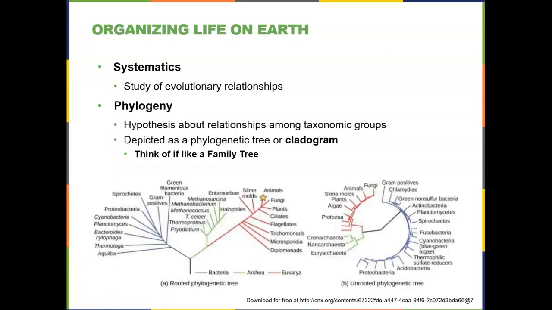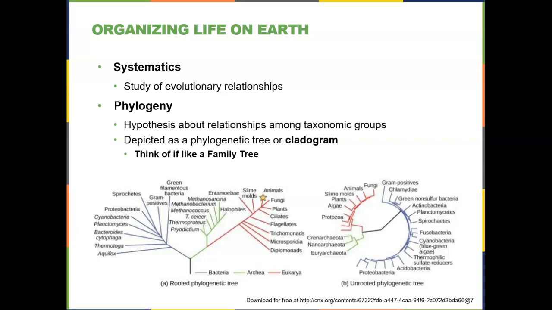So when we look at the science of doing that kind of grouping, we see that there are a number of different fields. We have systematics, which is the study of evolutionary relationships. And then we have phylogeny, which is making guesses about the relationships between different groups of organisms.